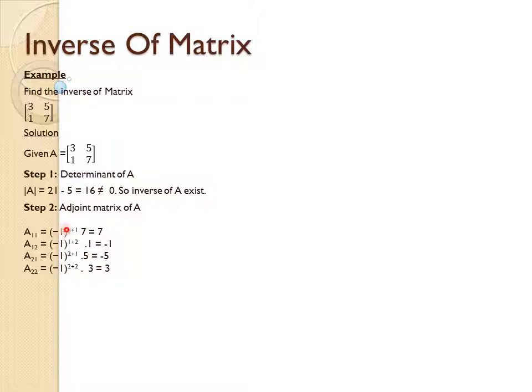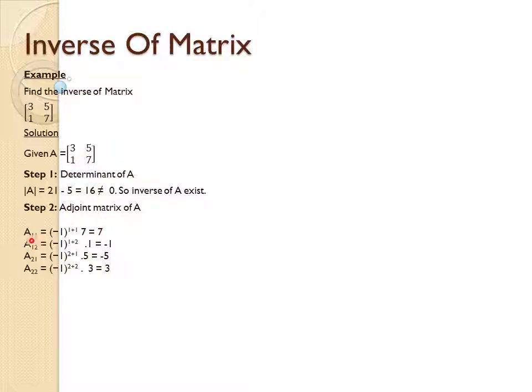So i means 1, j means 1, so 1 plus 1, and the term is 7, because if I have to find the cofactor of A's first element, 3, then this row and this column will be omitted and the 7 becomes the residual, so 7 is coming.